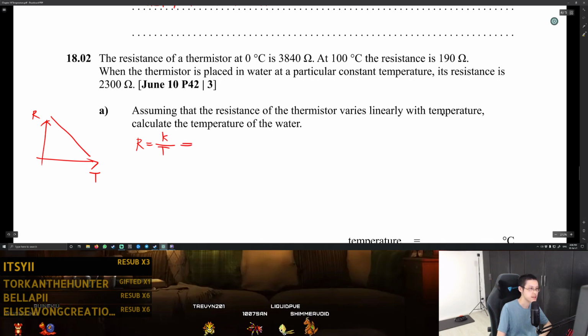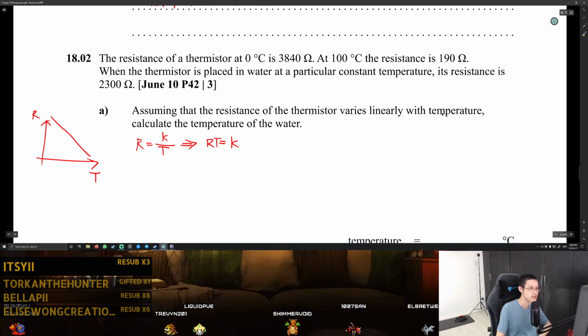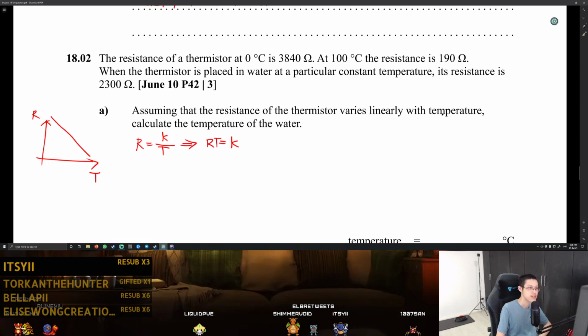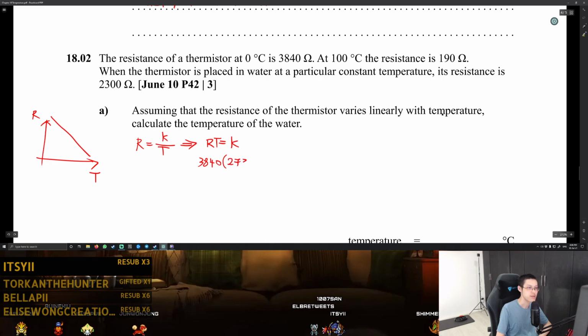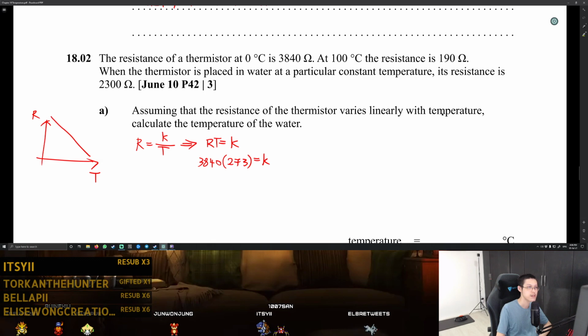Something like this. R = K/T, and T must be in kelvins, by the way. So initially you have 3840, and then your T is 273. So that's your K.